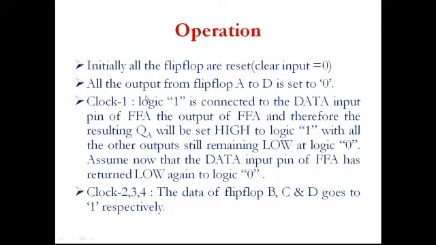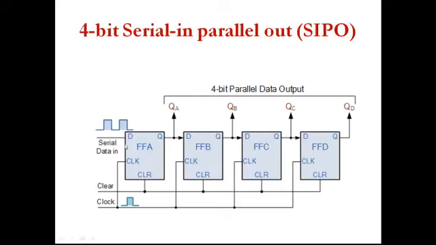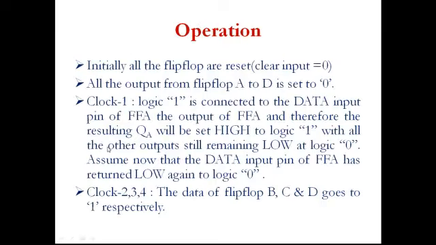Then in the first clock pulse, you give logic 1 only to the data input pin of flip-flop A. Therefore, you will find output QA will be high, and all the other outputs are 0. And in the second, third and fourth clock pulses, you will find the outputs of flip-flops B, C and D go high respectively.